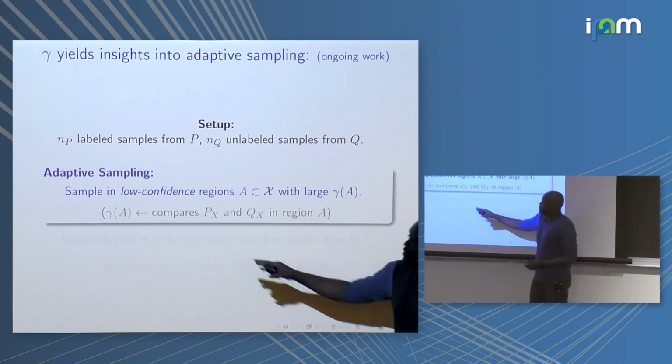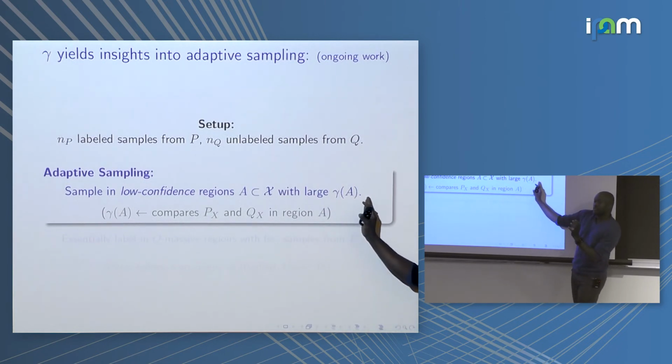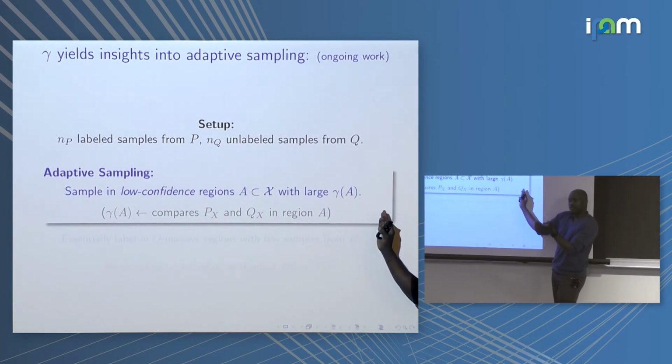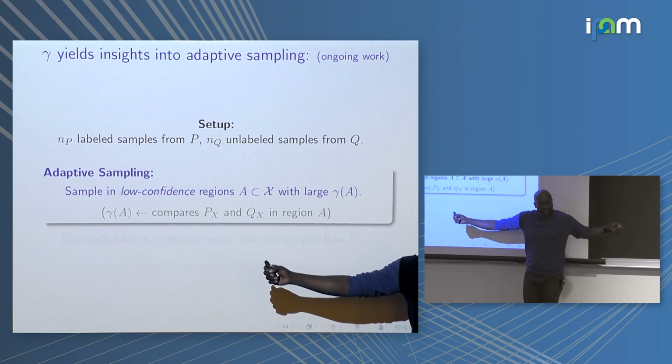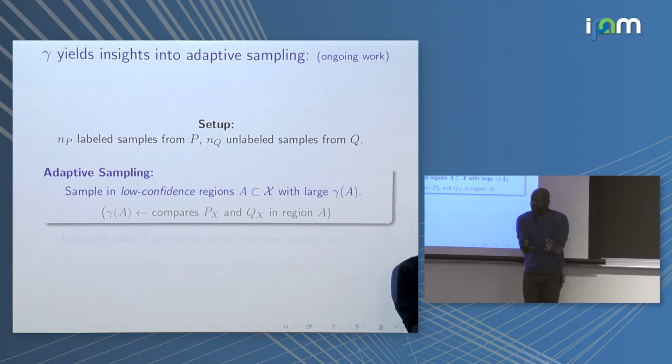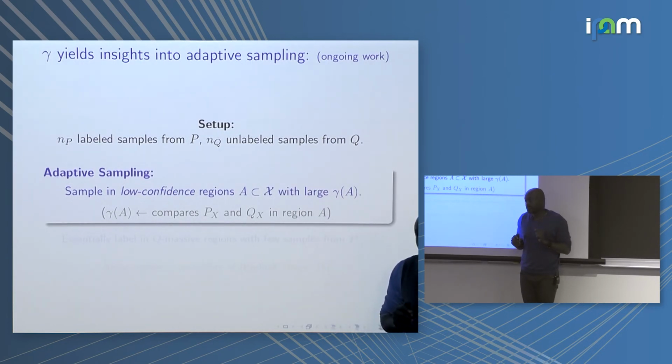Only request labels, so sample, in those low confidence regions where the local notion of gamma is large. So you can redefine gamma locally rather than define it globally as I did. You can just define it in terms of balls in a region A. And then if the gamma in those regions is large, you sample. If it's not large, you don't sample. So I'm just describing quickly the high level of the procedure.